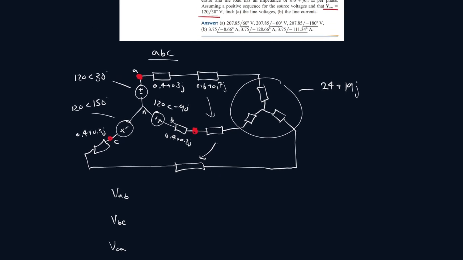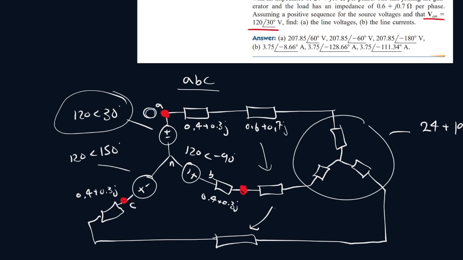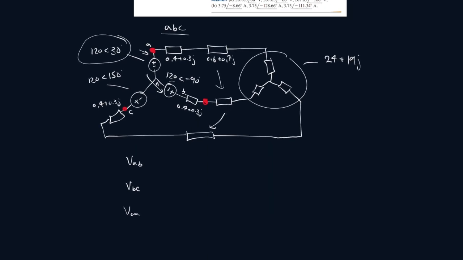You could get these in complex form, and then take this value and subtract this value. Because when we start here, we're at 120 phasor 30 degrees, and as we move here, we enter the negative terminal, so we have to subtract this value.